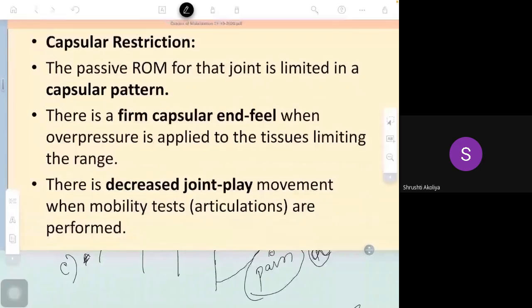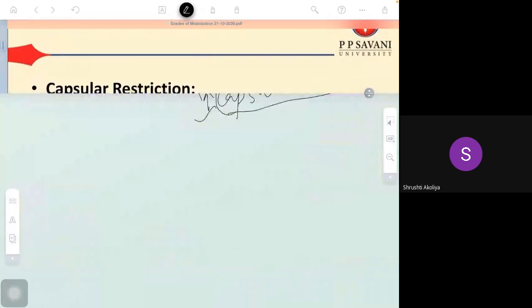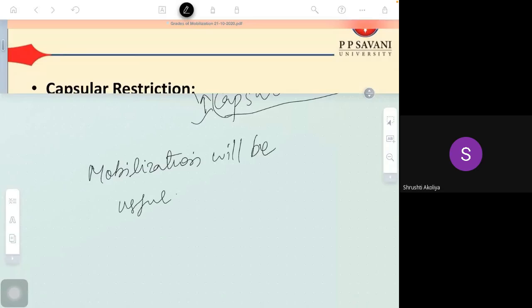That is, mobilization will be helpful. Again, I'll repeat. Mobilization will be useful, or it will be appropriate, in increasing the range of motion.